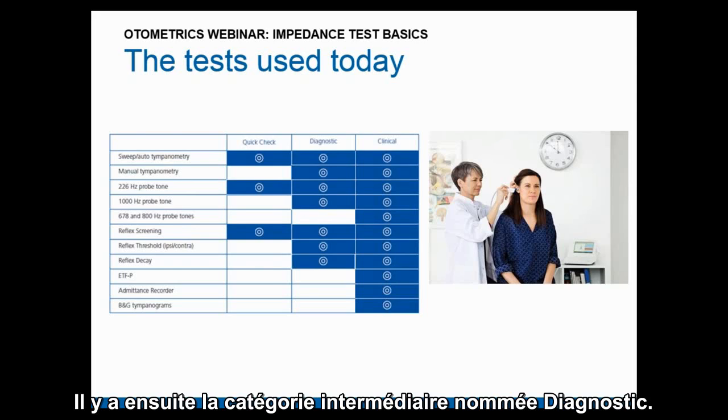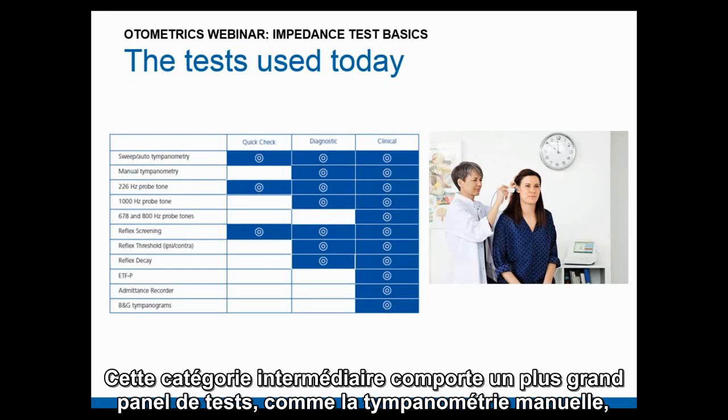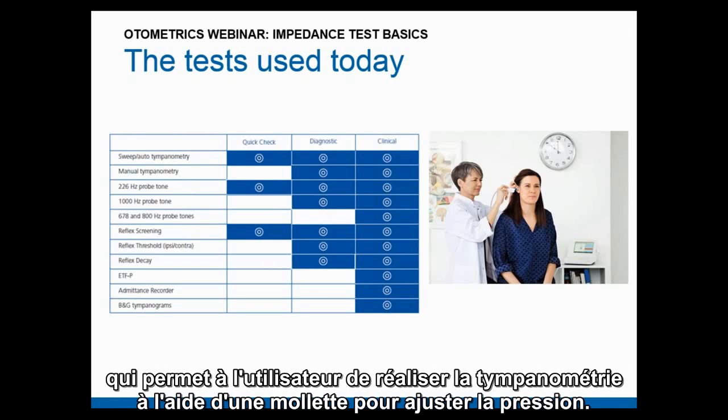So now you can also see a mid-range segment, which can be named as the diagnostic segment or mid segment. And in this mid segment, usually you find more tests like the manual tympanometry, which allows the user to perform the tympanometry with a wheel to adjust the pressure.